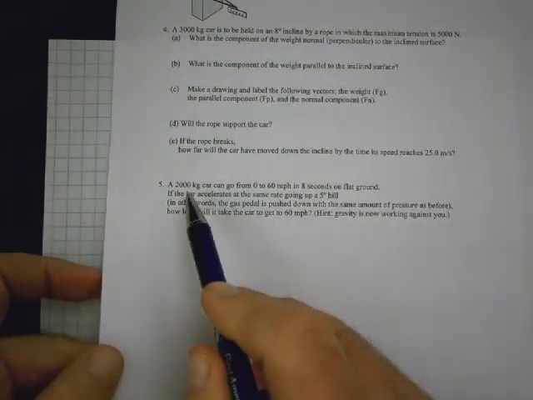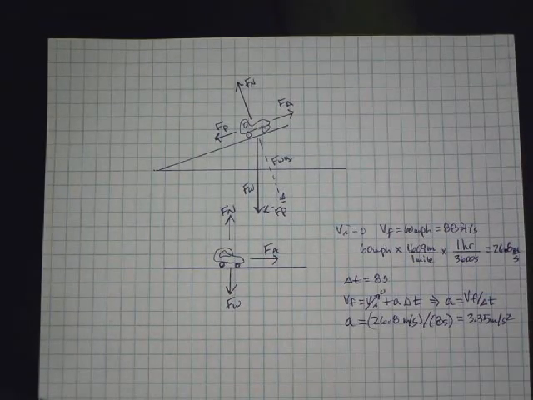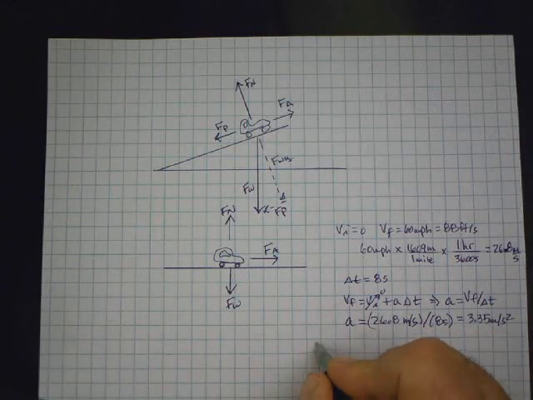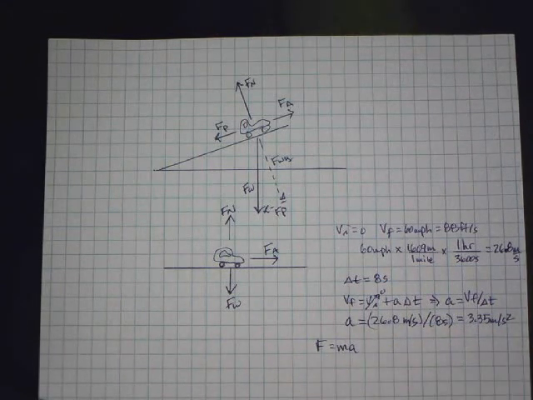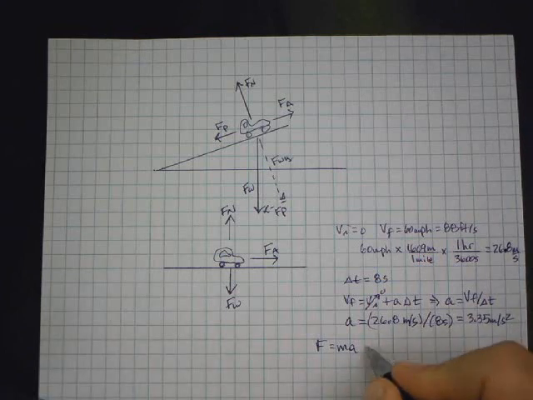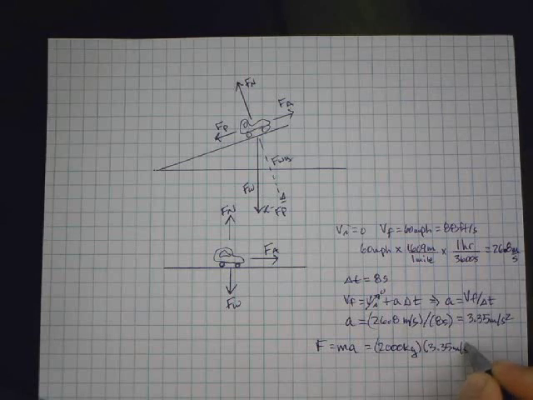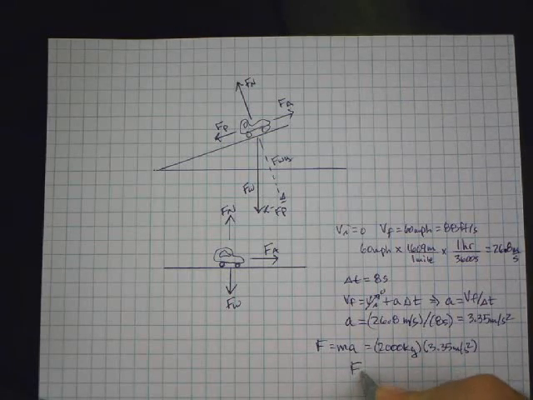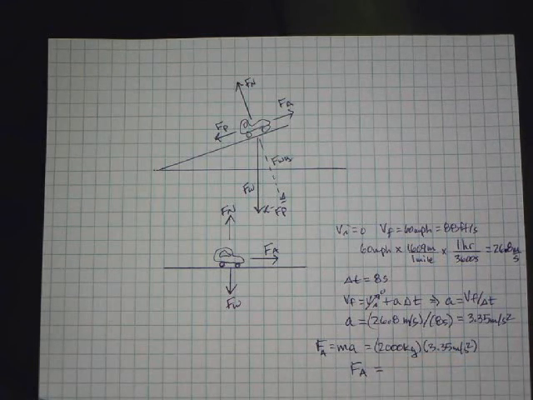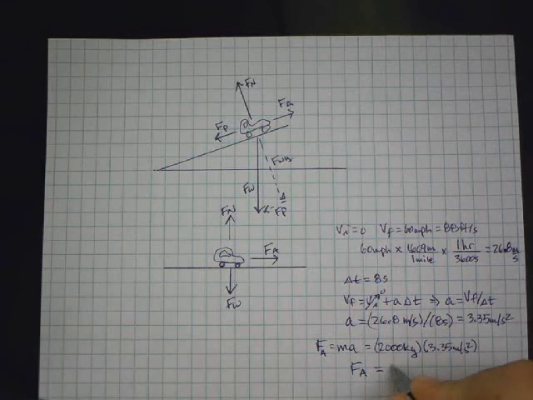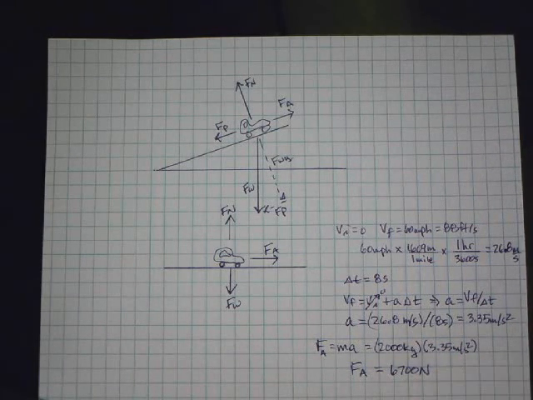Now, we were also told that the car was 2,000 kilograms. So if that's the acceleration to go from 0 to 60, then the force, which is mass times acceleration, or the applied force, will be the 2,000 kilograms times the 3.35, which is 6,700 newtons.